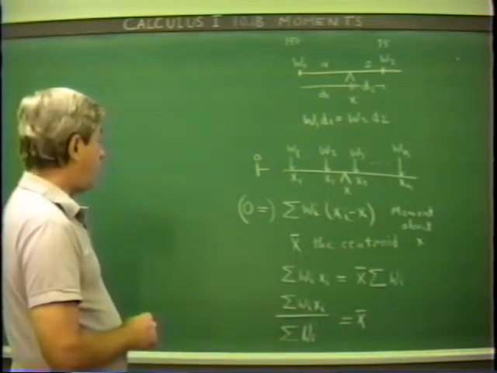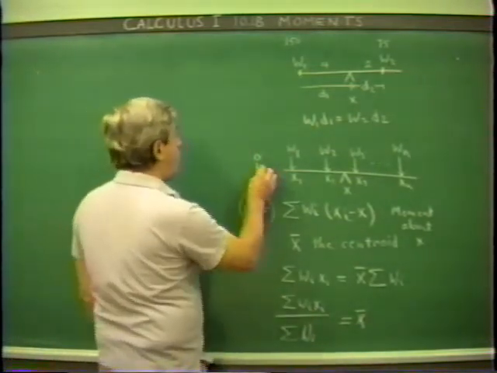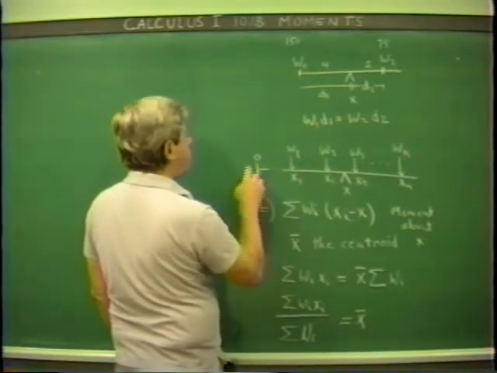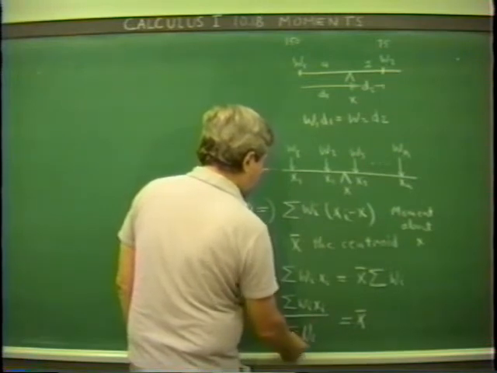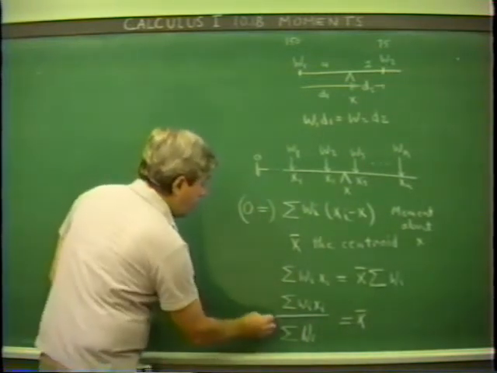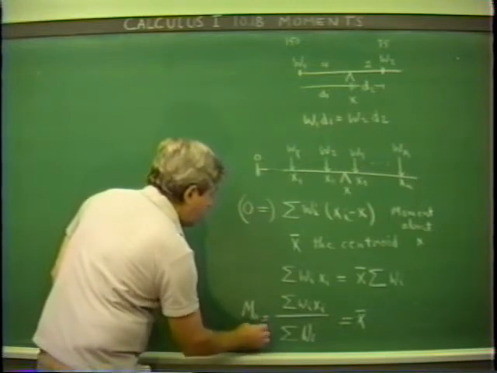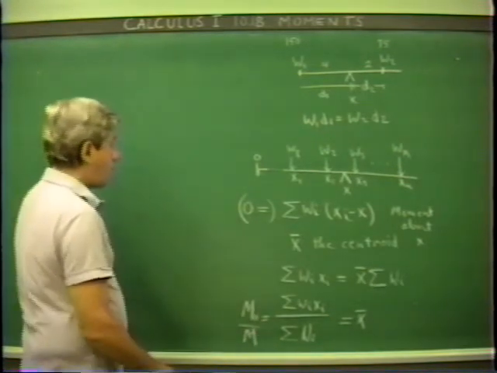This can be done with weights or with masses, because mass is a constant multiple of weight, as long as you're talking about it at the surface of the Earth. All right. What is the sum of the Wi Xi? That is the moment about 0. If we were to place the fulcrum here at 0, then the sum of the Wi Xi would be the moment about 0. The sum of the Wi is the total weight.